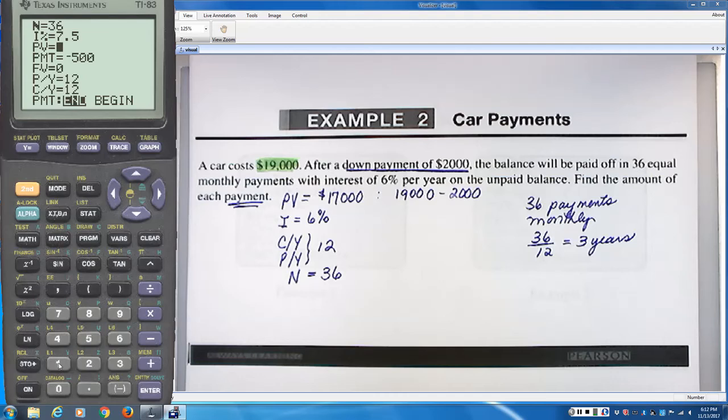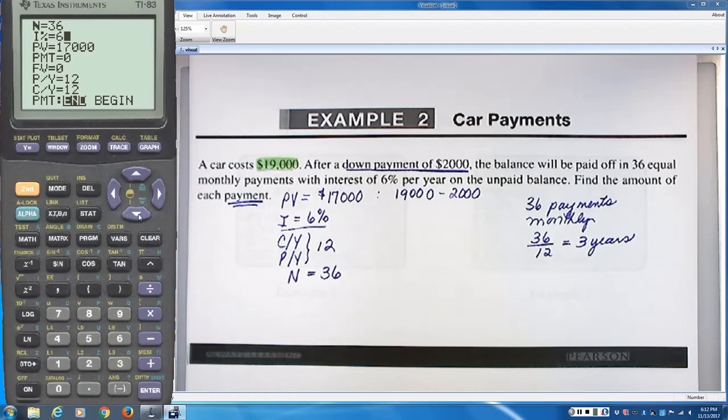The present value is the $17,000, which is the amount we actually borrowed to buy the car. And we want to know what the payments are, so we're going to set that to 0. And you're going to make your payments at the end of each month after you've actually borrowed the money. Yes, and we have to change the interest rate to 6%. So we need to make a note of that.